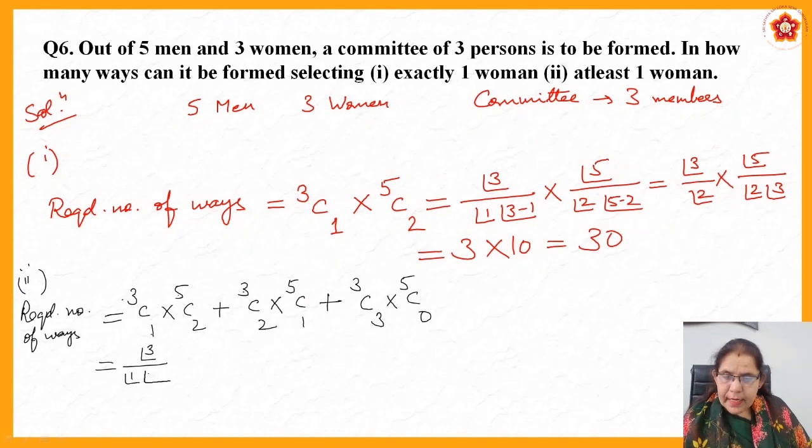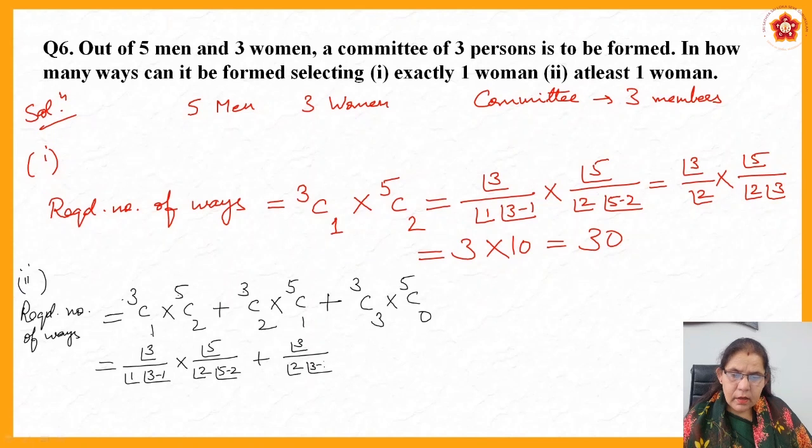So it will be written as factorial 3 divided by factorial 1 into factorial 3 minus 1, factorial 5 upon factorial 2 into factorial 5 minus 2, plus factorial 3 upon factorial 2 into factorial 3 minus 2, factorial 5 upon factorial 1 into factorial 5 minus 1.